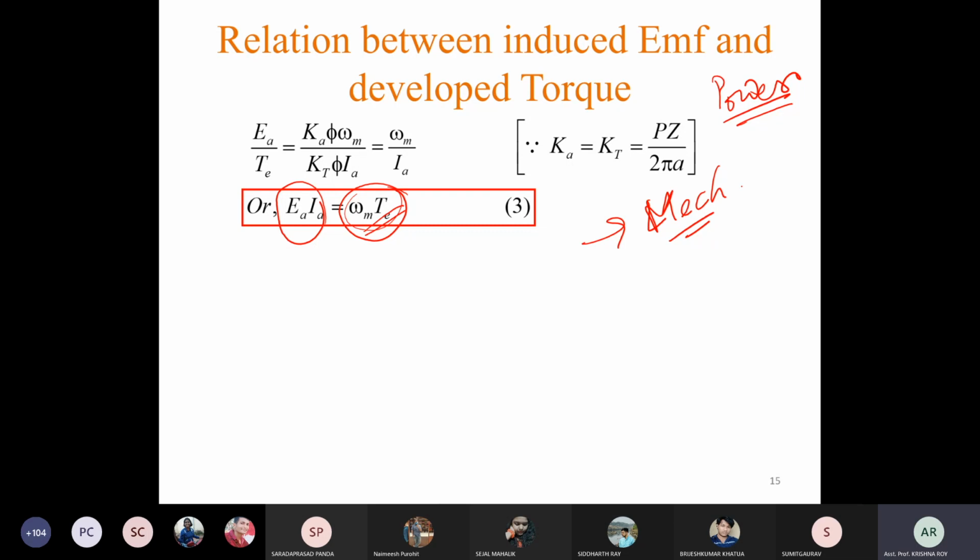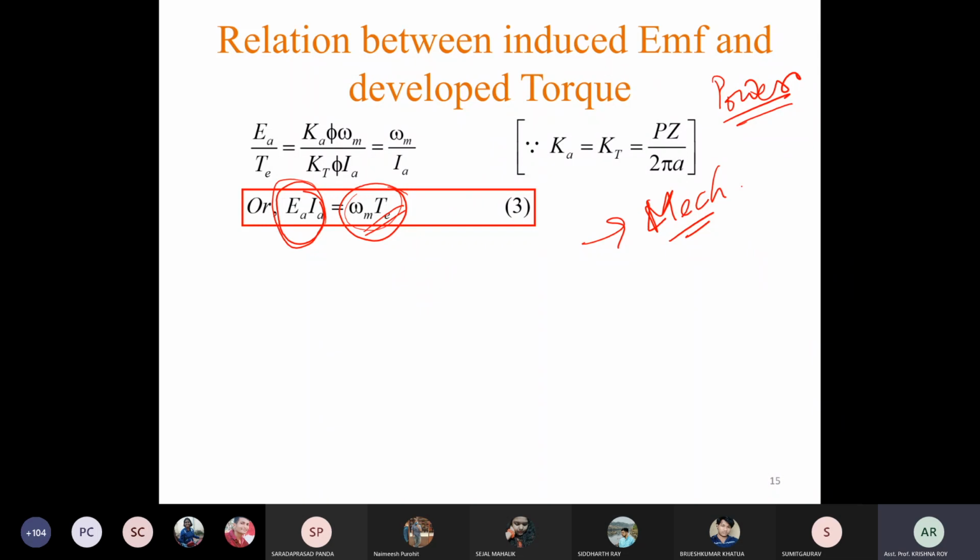If we subtract those oppositions, that means some losses, then we will get some mechanical power, and that amount of power is the input to the machine, which will be converted into electromagnetic power. So this is the electromagnetic power developed in the generating mode of operation.